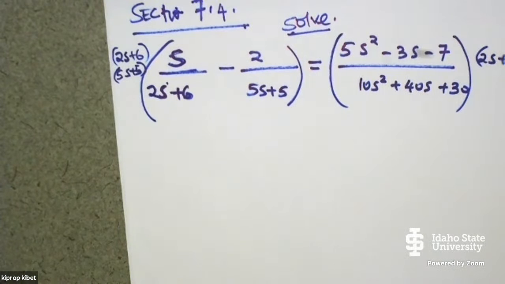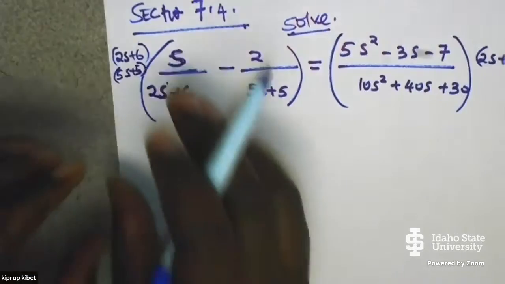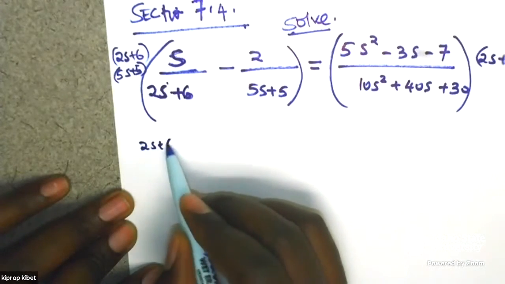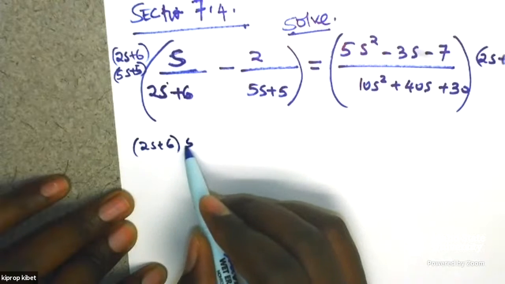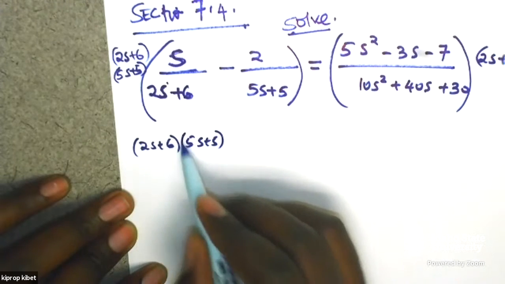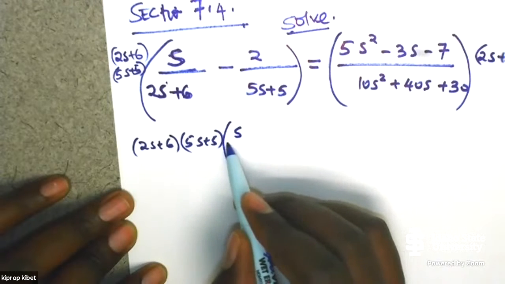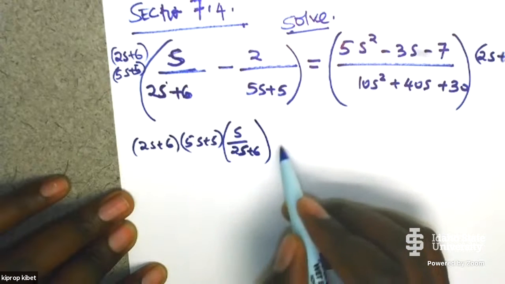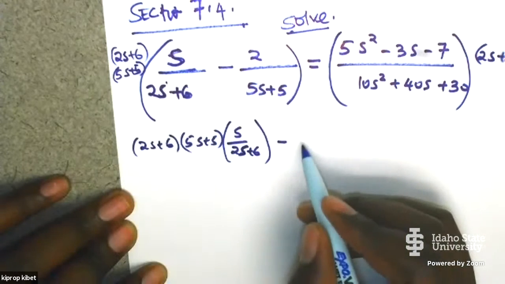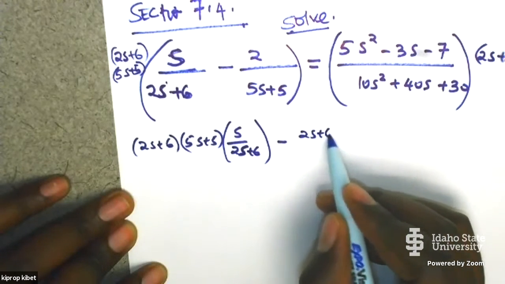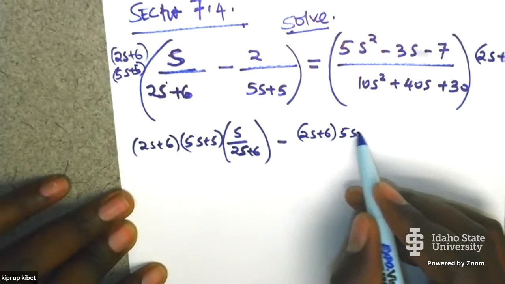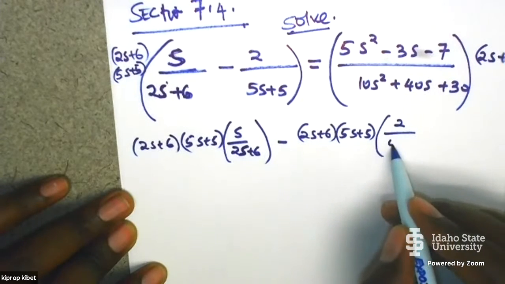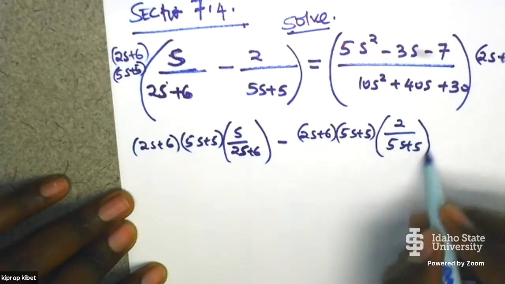Are we together? So once we open this bracket, then 2s plus 6, 5s plus 5 multiplied by s all over 2s plus 6, minus again 2s plus 6, 5s plus 5 multiplied by 2 all over 5s plus 5.